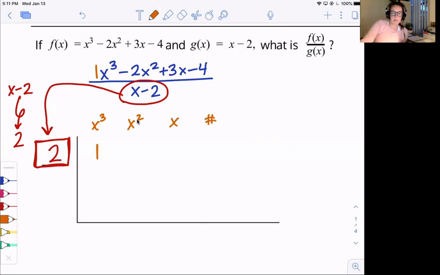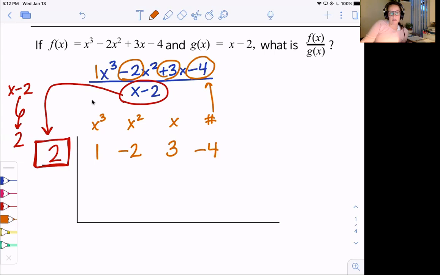So x squared, its coefficient is negative 2. So I'm going to put negative 2 right here. The coefficient of x right here is positive 3. I'm going to go ahead and write positive 3 right there. And then my number that's by itself at the end is negative 4. So I have negative 4 here.